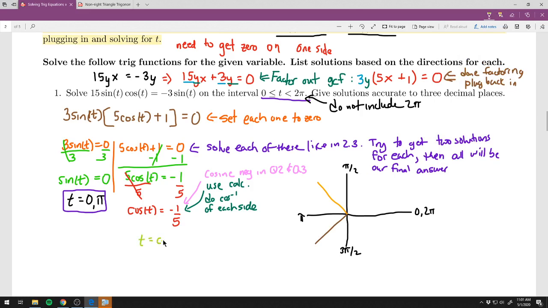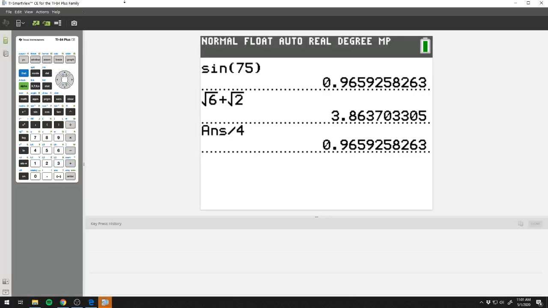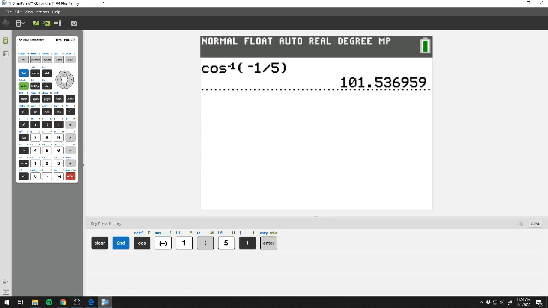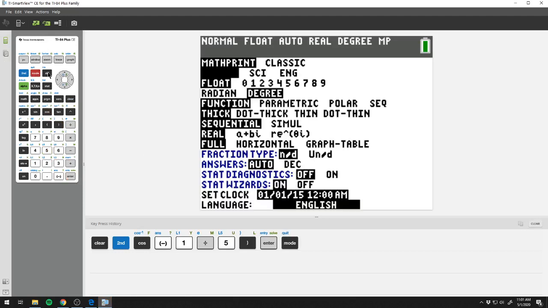So we get t equals cosine inverse of -1/5. Once again, from the way they want our answers between 0 and 2 pi, you want to make sure you're in radian mode. So we got cosine inverse of -1/5. And you get, well, that's probably in degree mode. Yep. All right, 101 does not look like something that would be in radian mode.